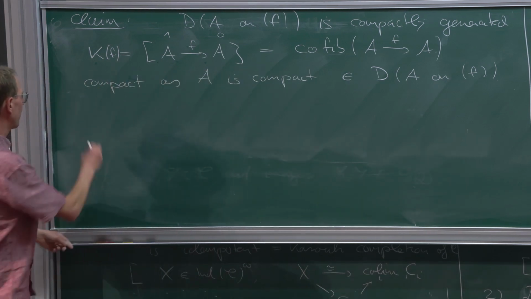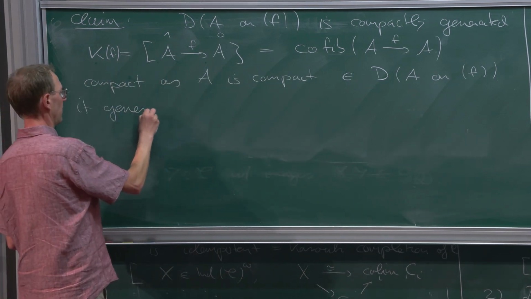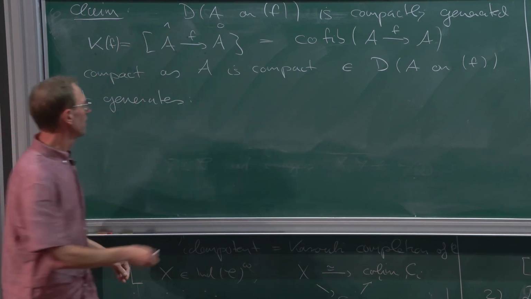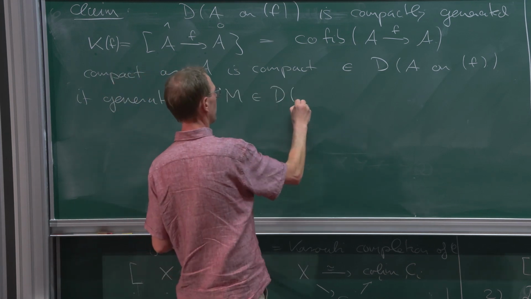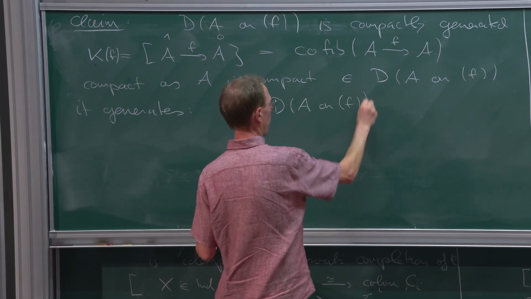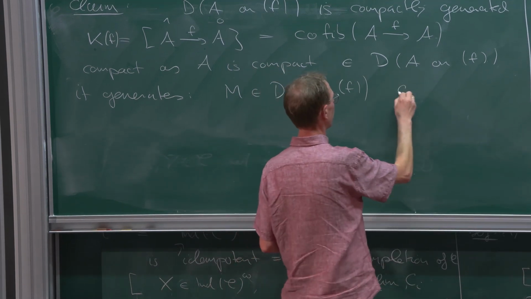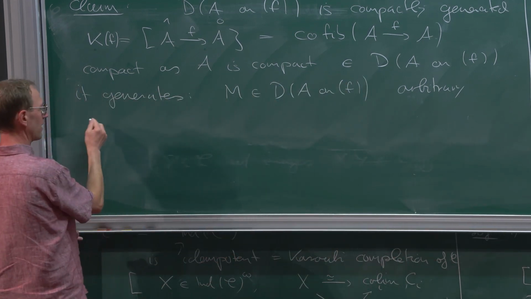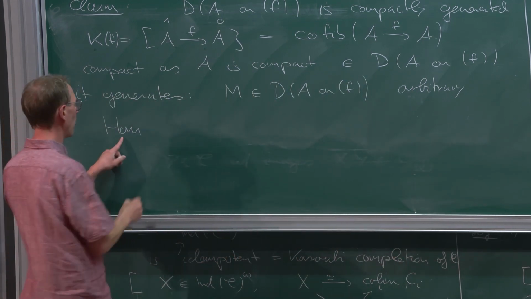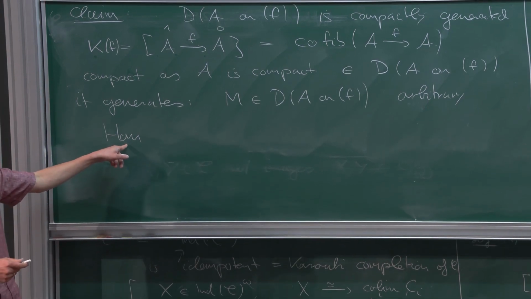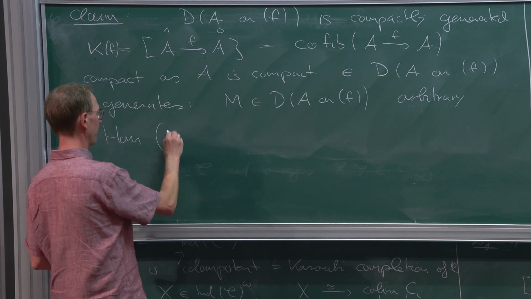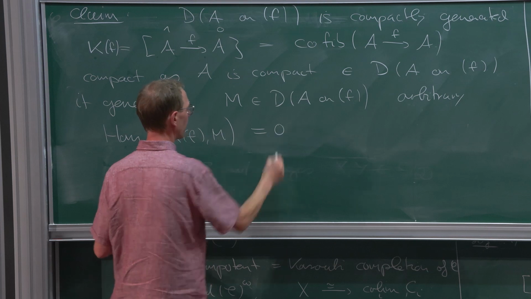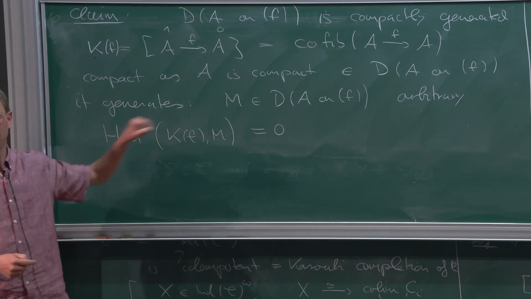And it also generates in the following sense. If M is in D of A on F, an arbitrary object, and we assume that Hom, the mapping spectrum, from this complex K of F to M is 0, then I claim that M itself is 0.